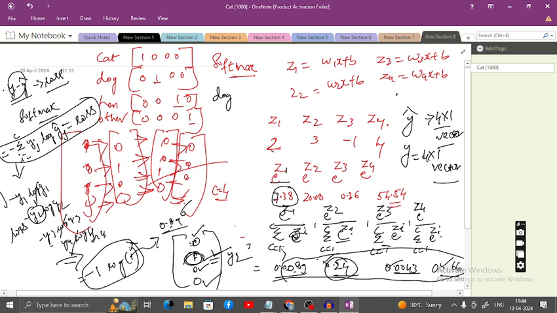So as a result, the loss will be closer to 0. It makes sense, right? It is nearer to the predicted value. This is a modification to the generalized equation that we have.